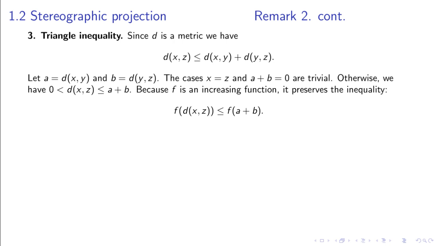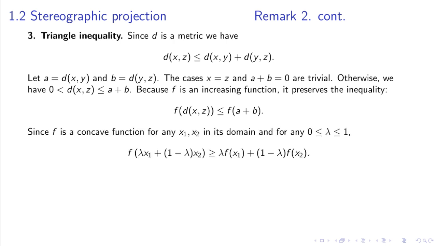So we consider the case where a and b are greater or equal to 0, and a plus b is strictly greater than 0. Then d(x, z) is between 0 and a plus b. So by the fact that f is increasing, we get f(d(x, z)) is less or equal than f(a plus b). That is, d_f(x, z) is less or equal than f(a plus b).